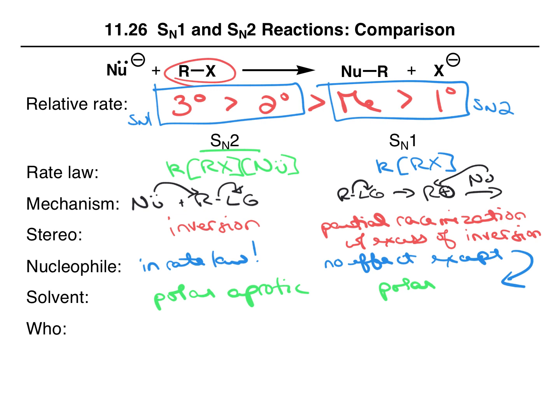And then finally, who undergoes these different reactions? SN2 will be the pathway followed by methyl, primary, and some secondary, whereas SN1 will be the pathway followed by tertiary and some secondary. Now, what is the difference then for the secondary alkyl halides or other secondary substrates with different leaving groups?